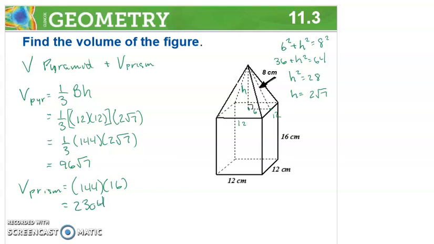And again, these are cubic feet. Sorry, cubic centimeters. So the total volume equals 2,304 centimeters cubed plus 96 square roots of 7 centimeters cubed.